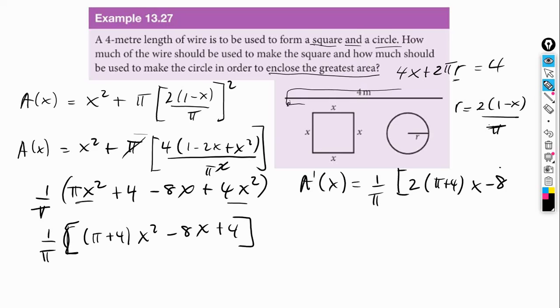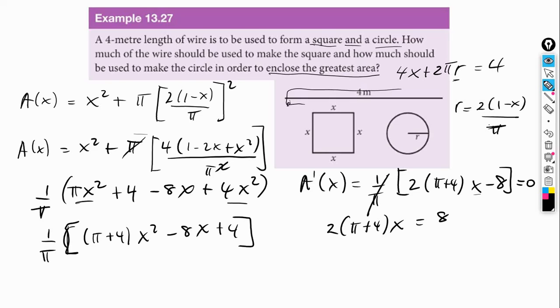Okay, and then we need a maximum, so we have to set this equal to 0 and solve for x. We can get rid of the 1 over pi, because this equals 0. Then we have that 2 times pi plus 4 times x is equal to 8.